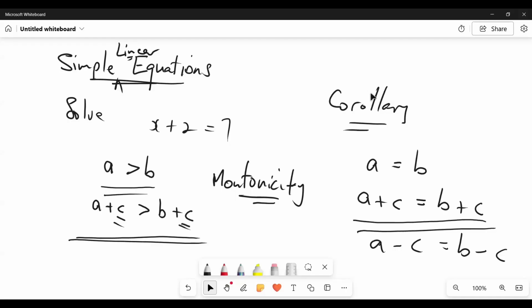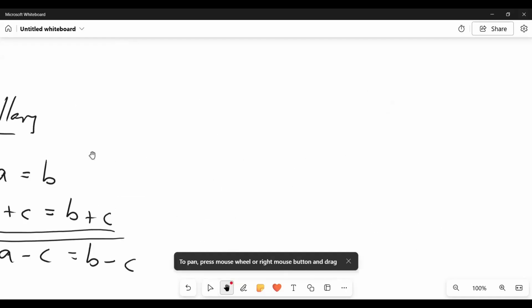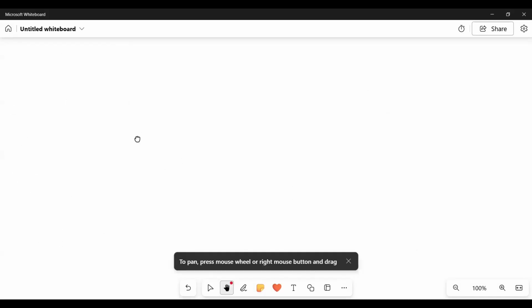Let's say we go on, and you have an equation to solve. Maybe x plus 2 equals 7, right? If you want to solve this, you say, I want to find x, so I need to somehow get rid of that 2 from that side.